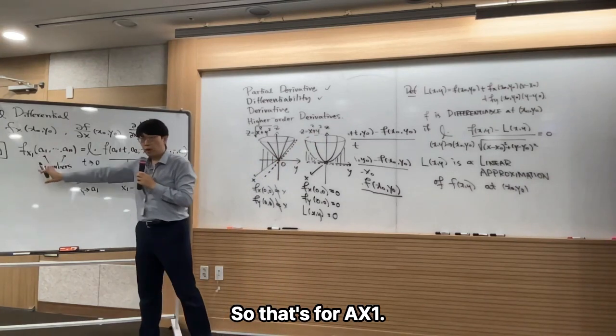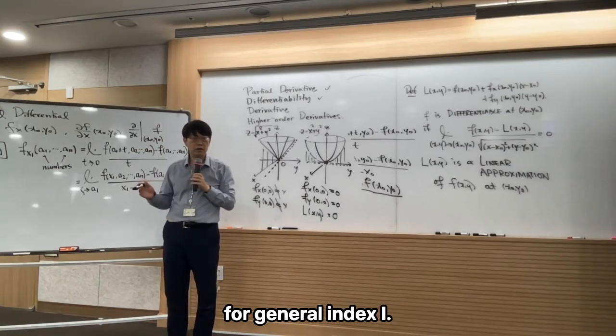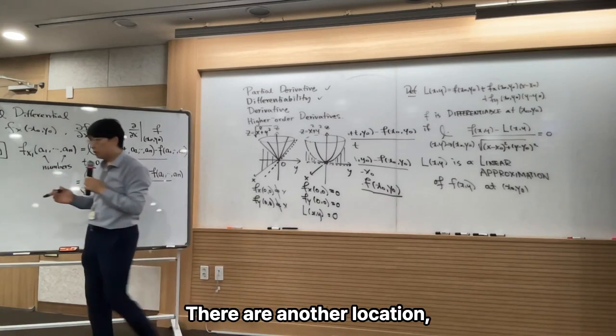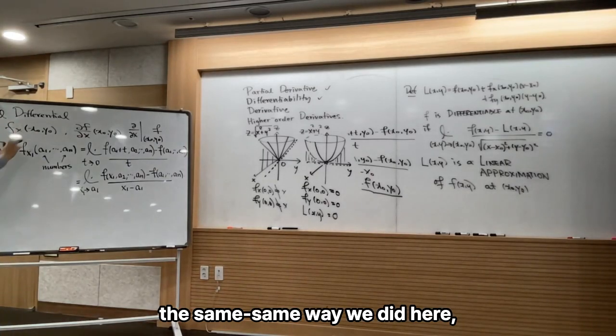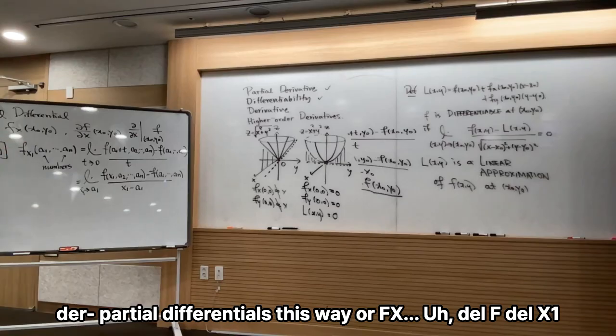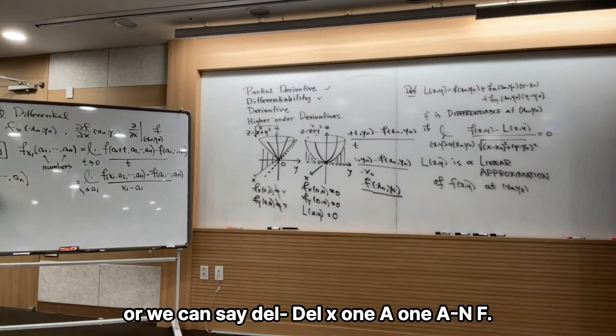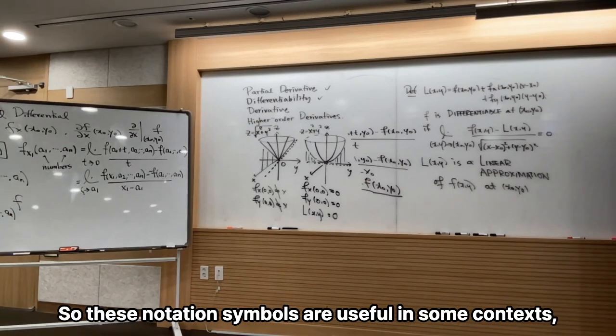So that's for x1. I'm sure you can generalize to the partial derivative with respect to xi for a general index i. There is another notation, the same way we did it here. So you can write your partial differentials this way, or del f over del x1 at (a1, ..., an), or you can write del x1 at a1 ... an of f.